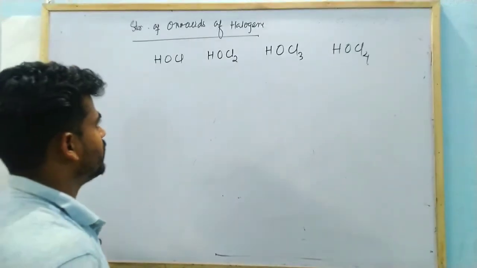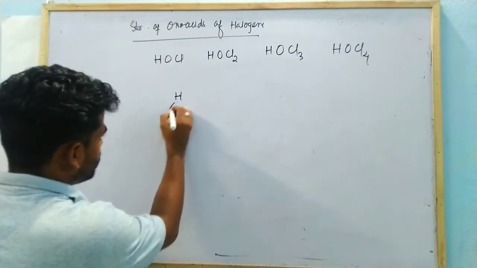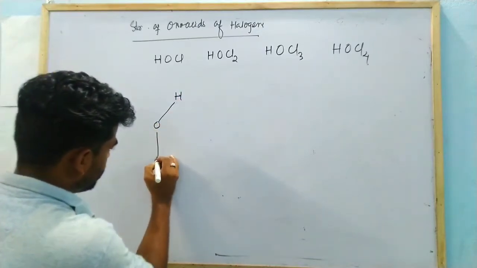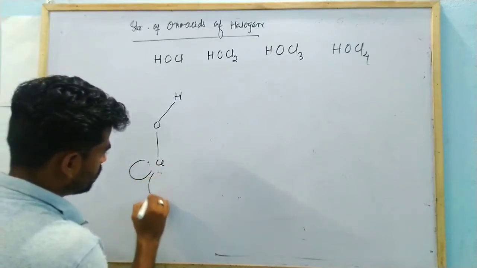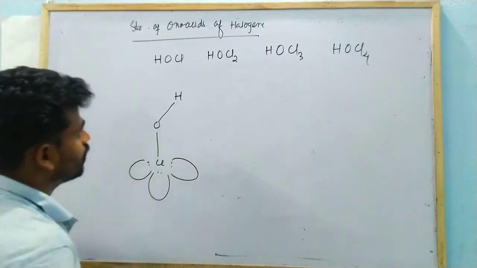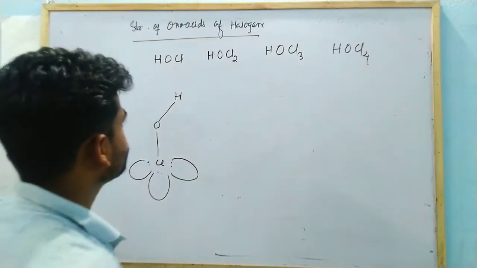If we go through their structure, it can be like HO with central Cl having 3 lone pairs of electrons. This is called hypochlorous acid.